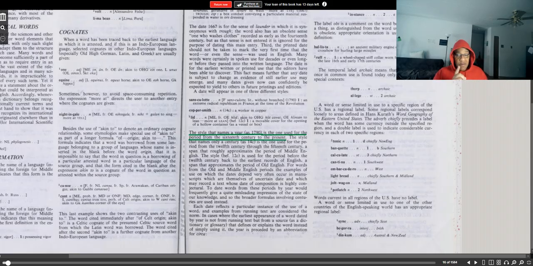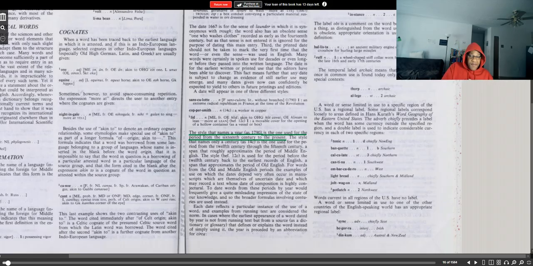Not only does this particular style give us a specific year, it is also used within a certain period.